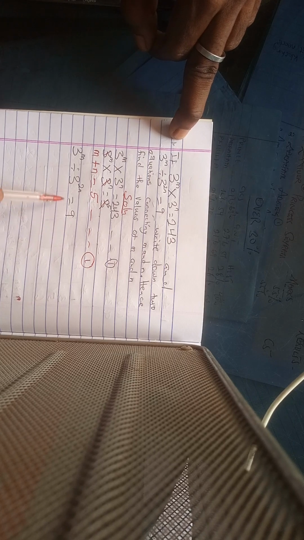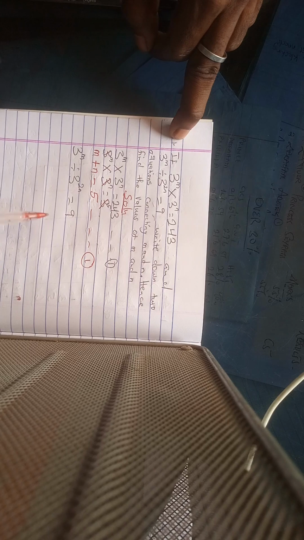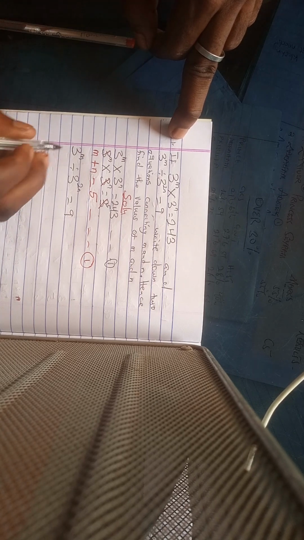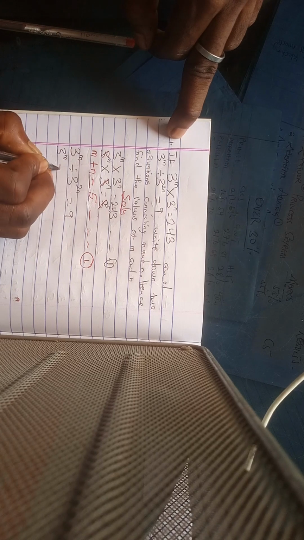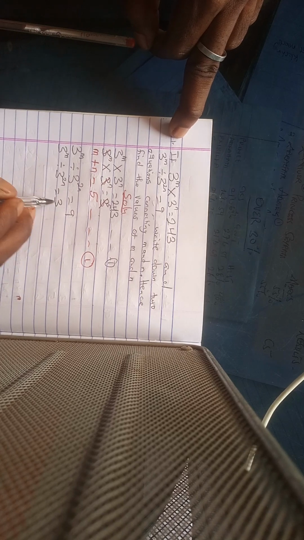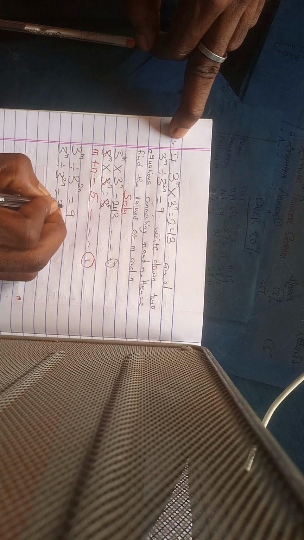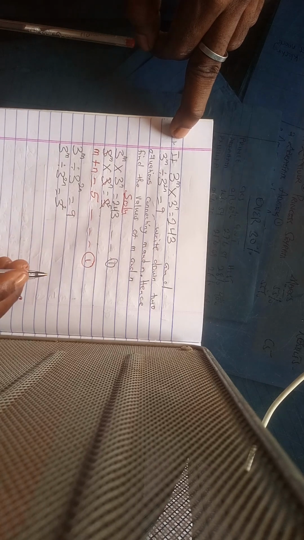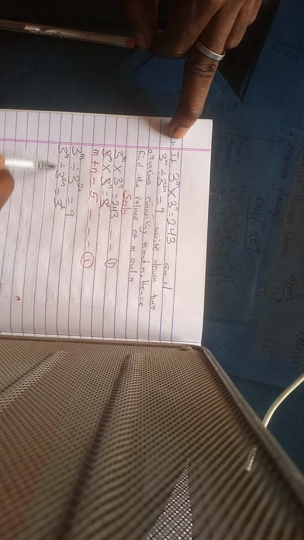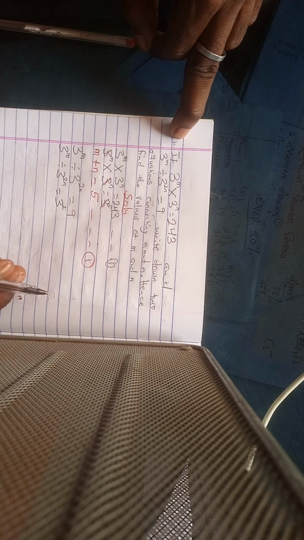What should I do so that I have the same base here? 3 exponent m over 3 exponent 2n is equal to 3 exponent 2, because 3 exponent 2 is 9. You can press your calculator. So I now have the same base. This one is dividing, so if you are dividing and the bases are the same, you subtract the exponents.